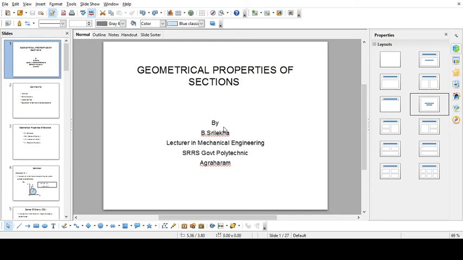For solid bodies, the position of the center of gravity is given by x bar equal to sigma mx by sigma m, where sigma mx is the summation of the product of the masses of the sections and the distance from the axis. Similarly, y bar is equal to sigma my by sigma m.